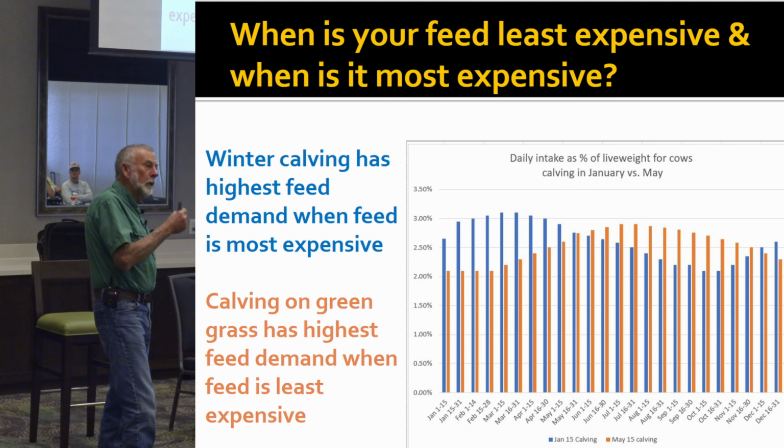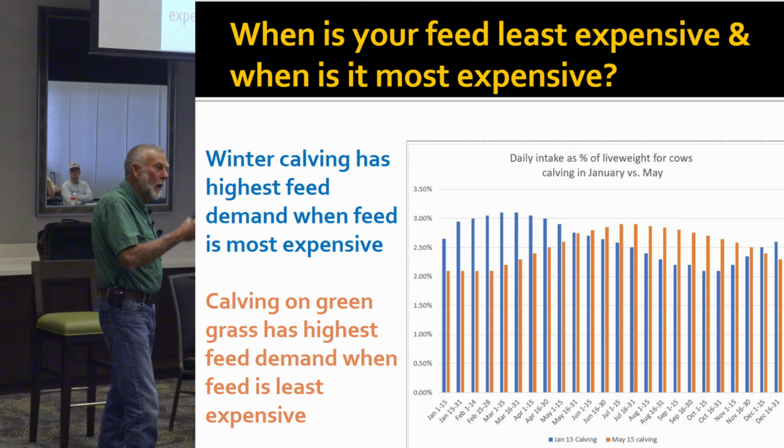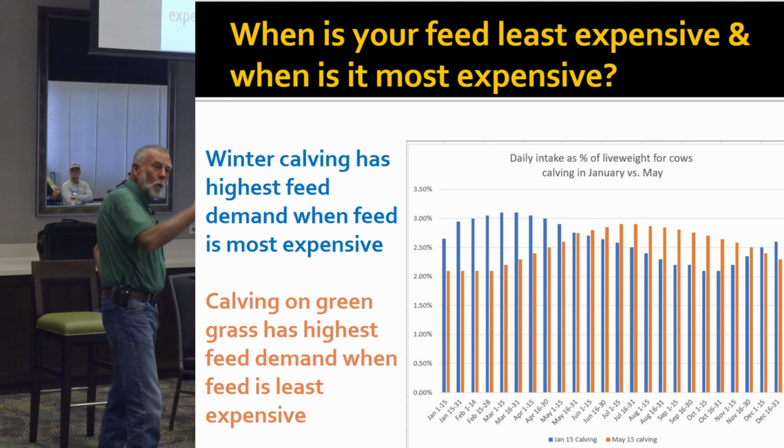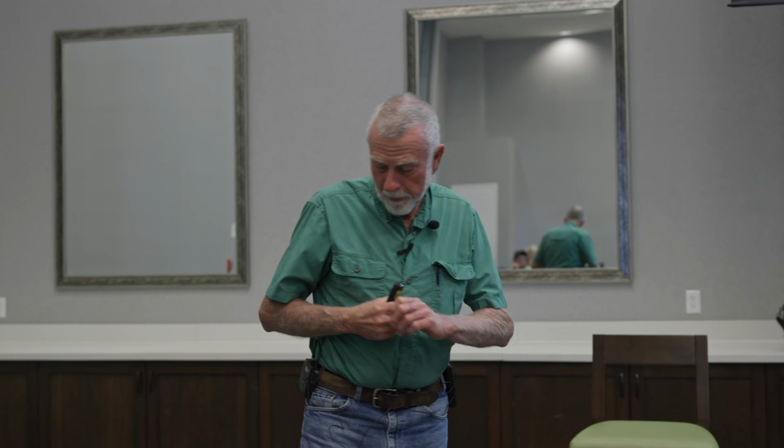So not only are we having higher demand because of lactation, we also have higher demand that time of year because of the cold conditions. Now, these two graphs here are for 11 to 1,200 pound cows of low to moderate milking ability.